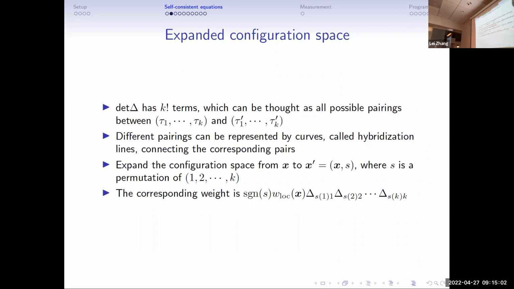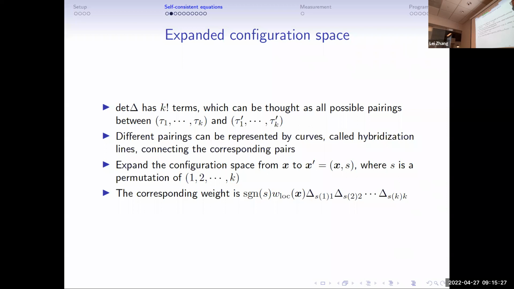It has k factorial terms, which we can view as the possible pairings between tau and tau primes. For each pairing, we represent the pair by a curve connecting them, and these curves are called the hybridization lines.